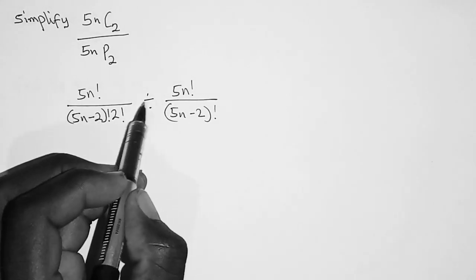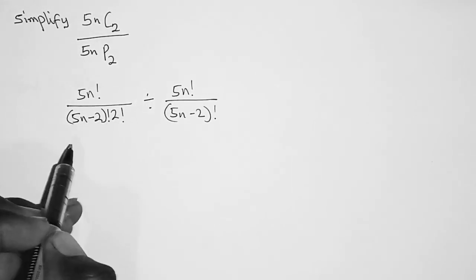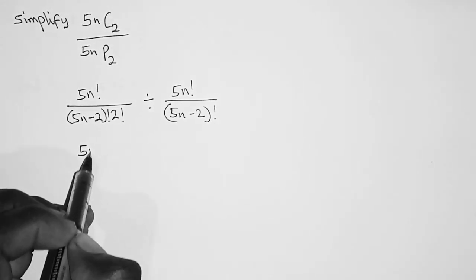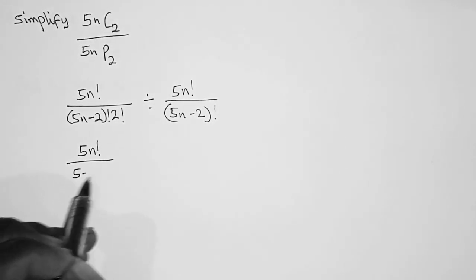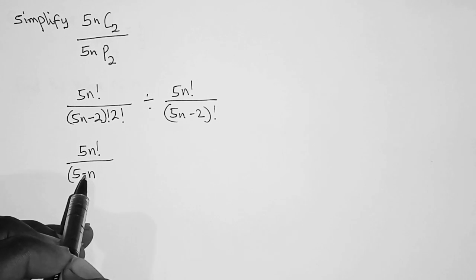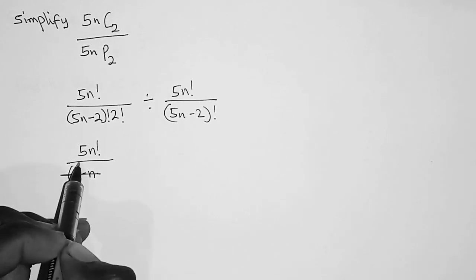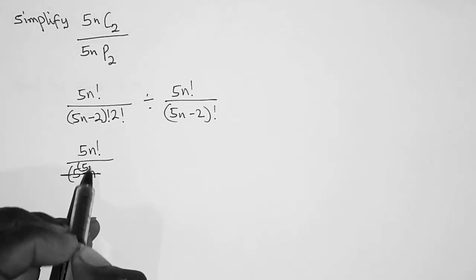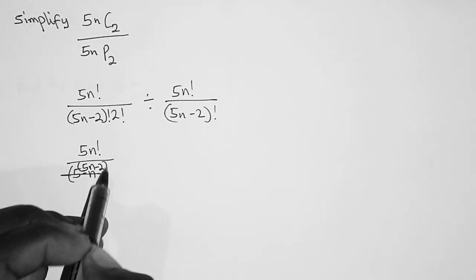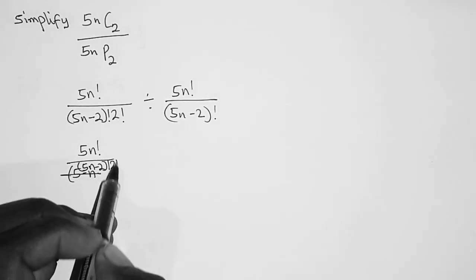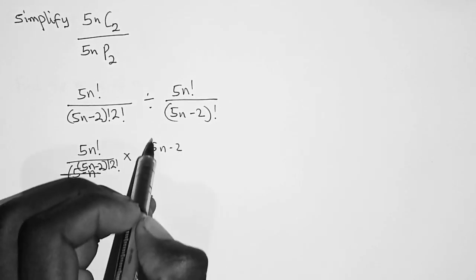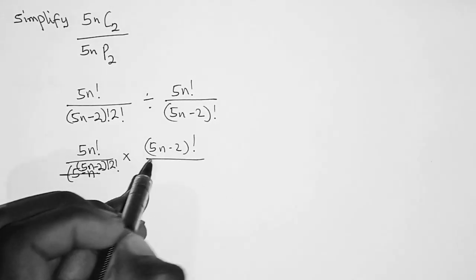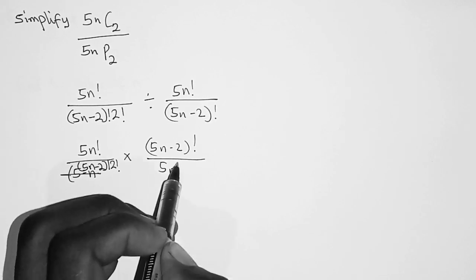So let's remove this divided by and put the sign times. So 5n factorial divided by 5n minus 2 factorial, 2 factorial, then times 5n minus 2 factorial divided by 5n factorial.